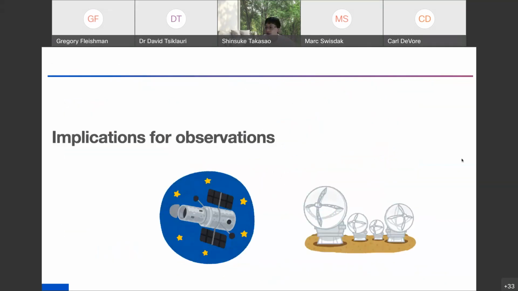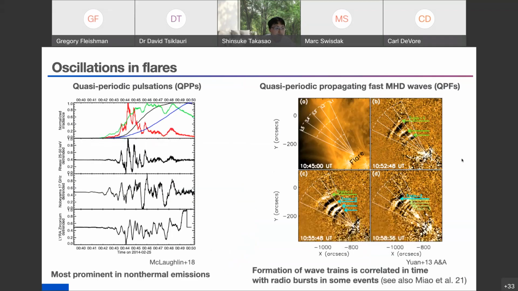Okay, so in the last moment, I'd like to show some implications for observations. We often see oscillations in flares. They are called QPPs or QPFs, the quasi-periodic pulsations and quasi-periodic propagating fast-mode waves.